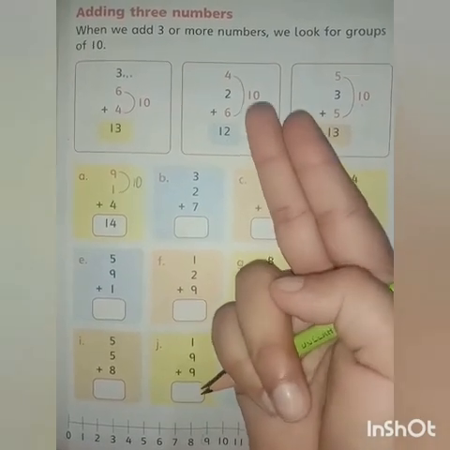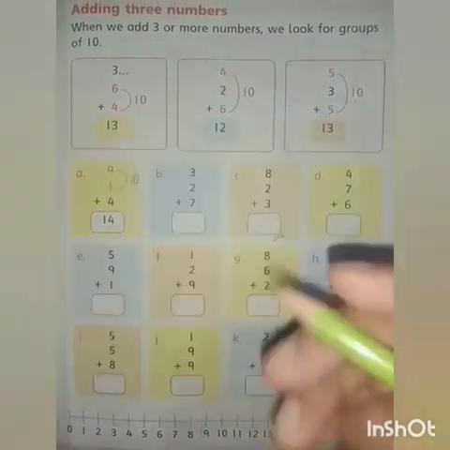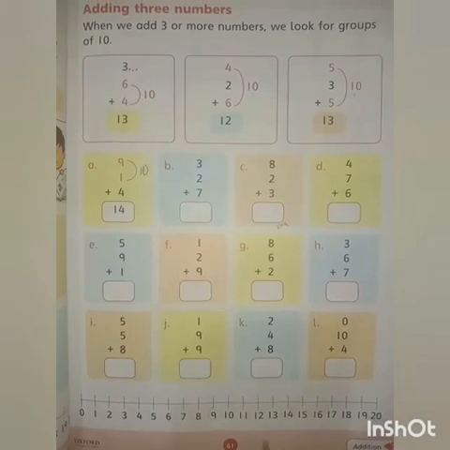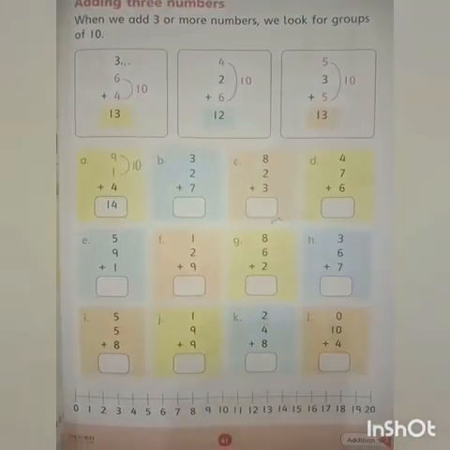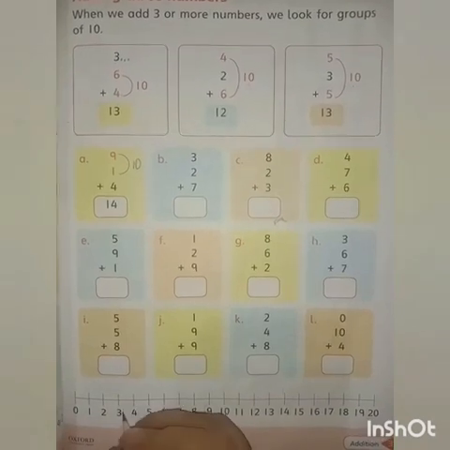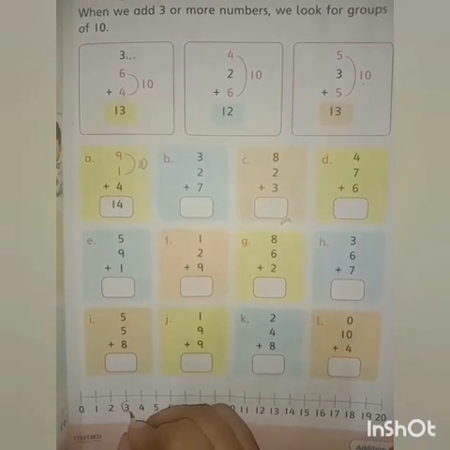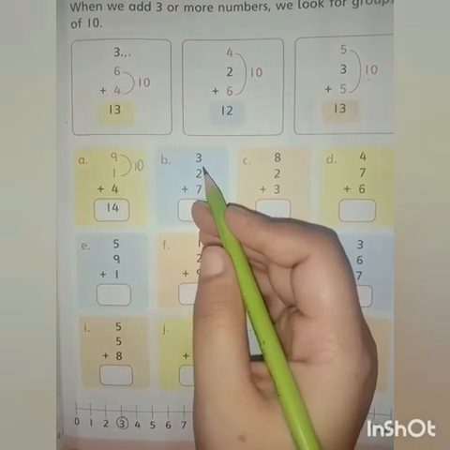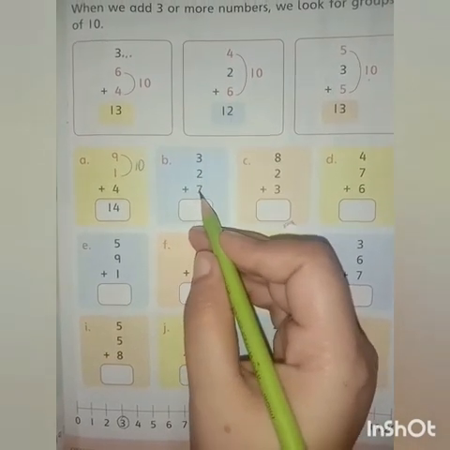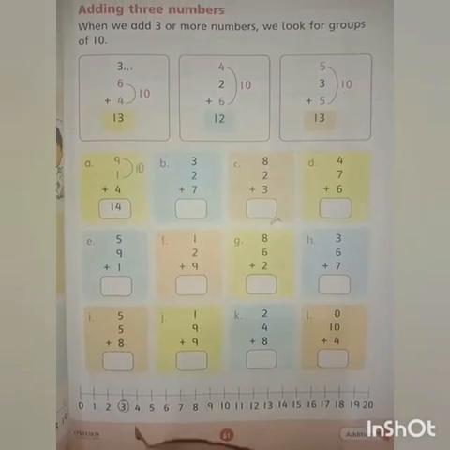No students, it's not the group of 10. Let's do it with the help of the number line. First number is 3. We have to find out 3 here. Here is the 3. We add 2 to 3. It's not the group of 10. We have to add 7 to 3.